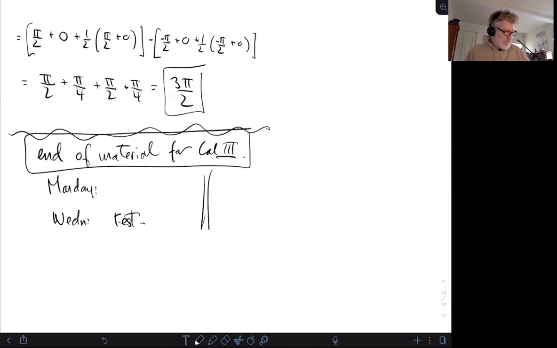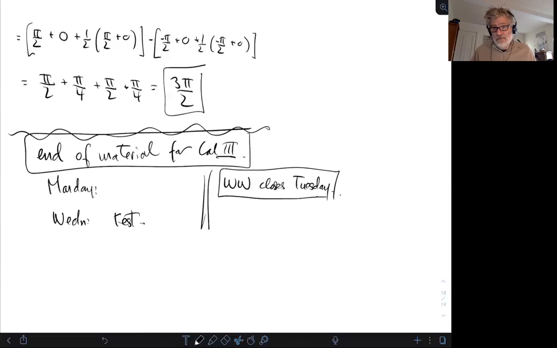And parallel to this, there's the WebWorks that closes Tuesday, I think. It's good practice for the test, right? It's really focused on integration, everything we've done in integration.